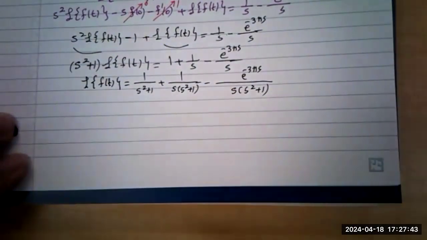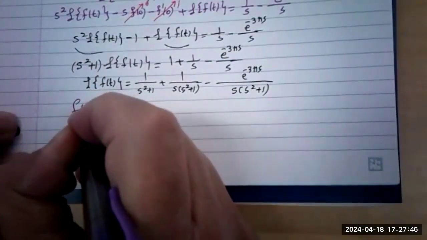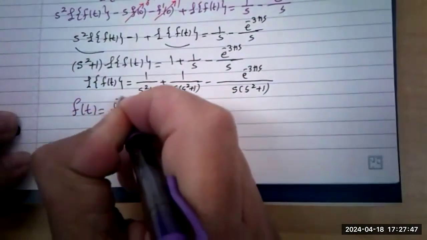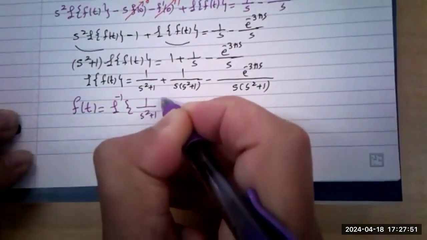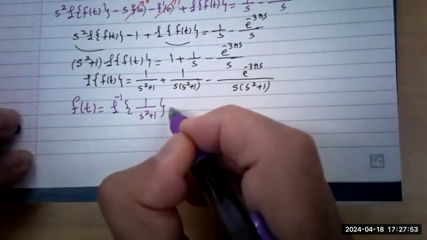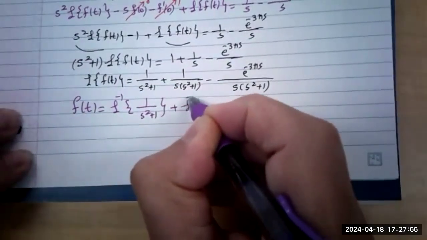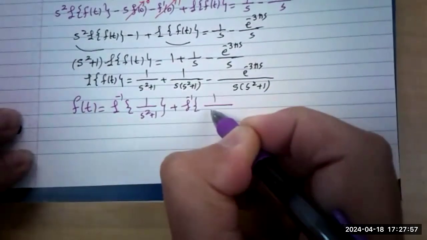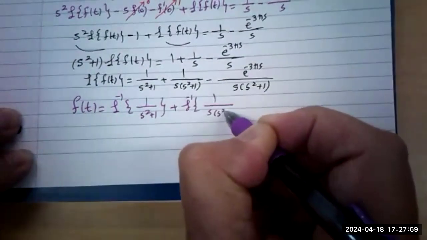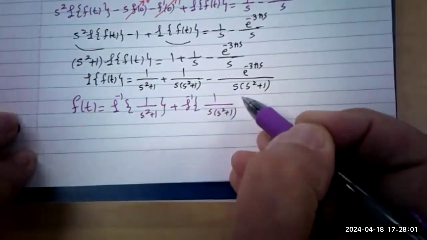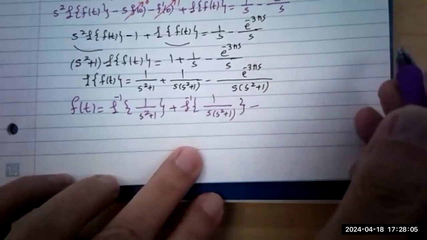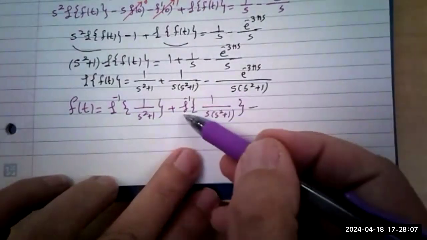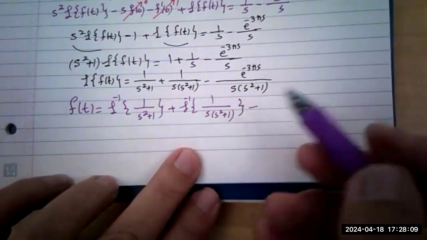The first one is 1 over s squared plus 1, which is easy. The second one is Laplace inverse of 1 over s times s squared plus 1, which you have to do partial fractions for. Again, it's easy to apply.